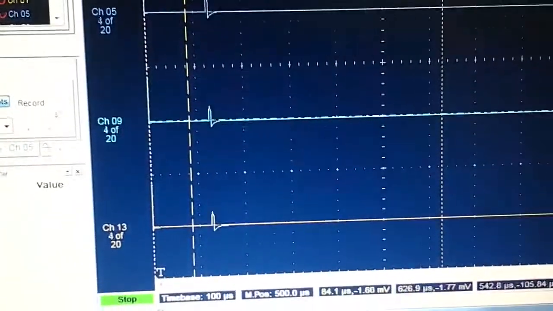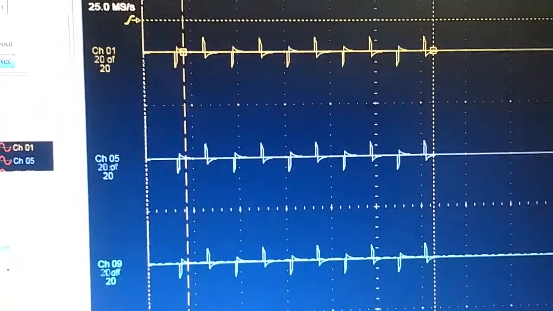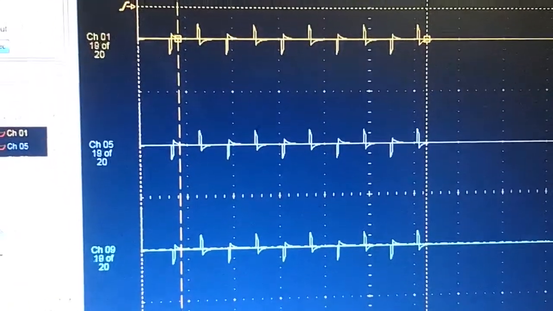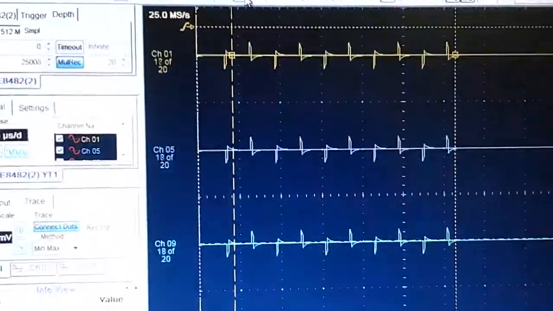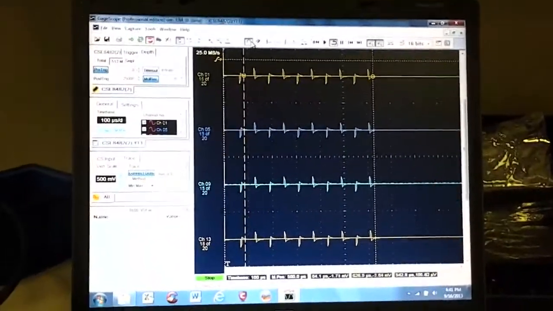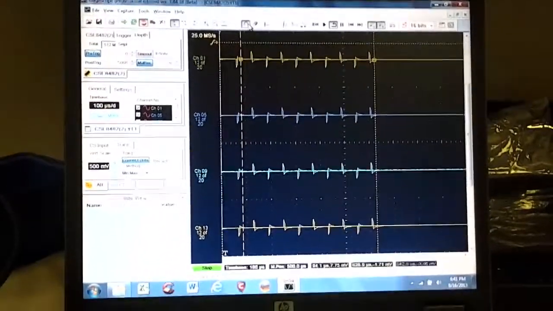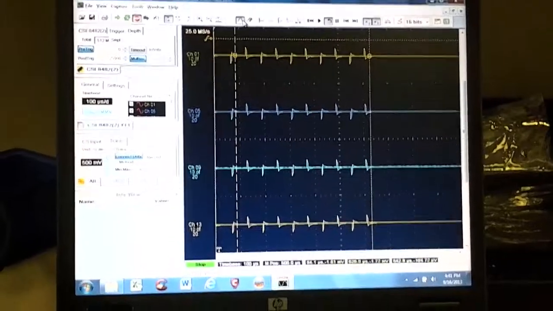I put persistence on it. That same pattern will build up as before, with the 60 microseconds separating as before. So really this demonstration has proven that our Octopus card is able to acquire, without missing triggers, multiple waveforms with a very short rearm between each acquisition.